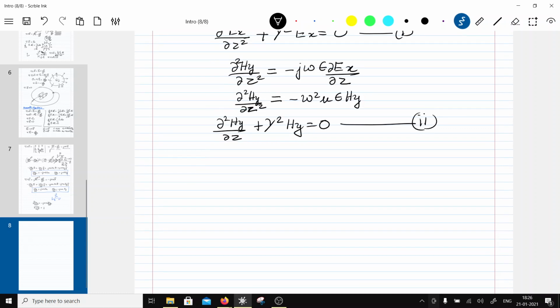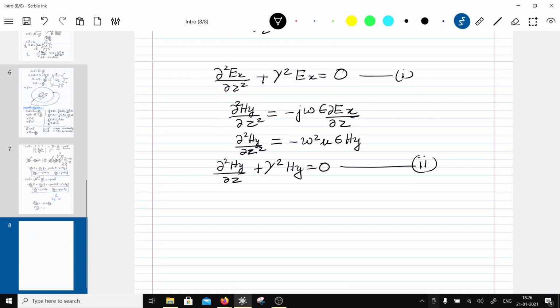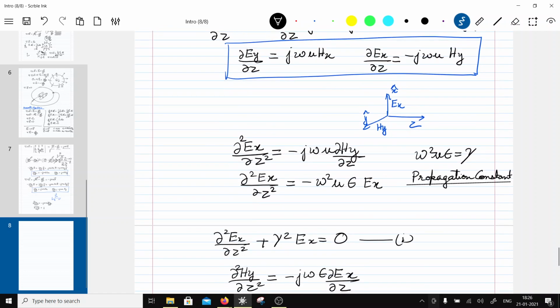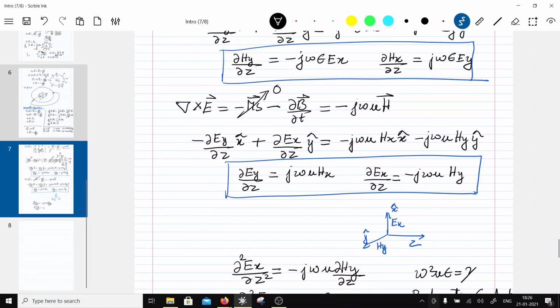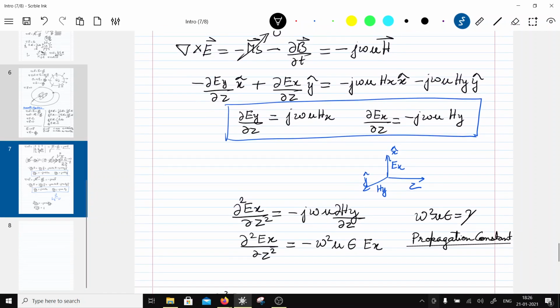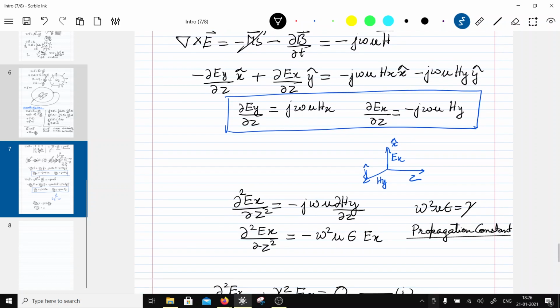So I am considering one situation, which is this. Now you can work with the other situation which causes propagation in the Z direction. That is going to be Ey and minus Hx.